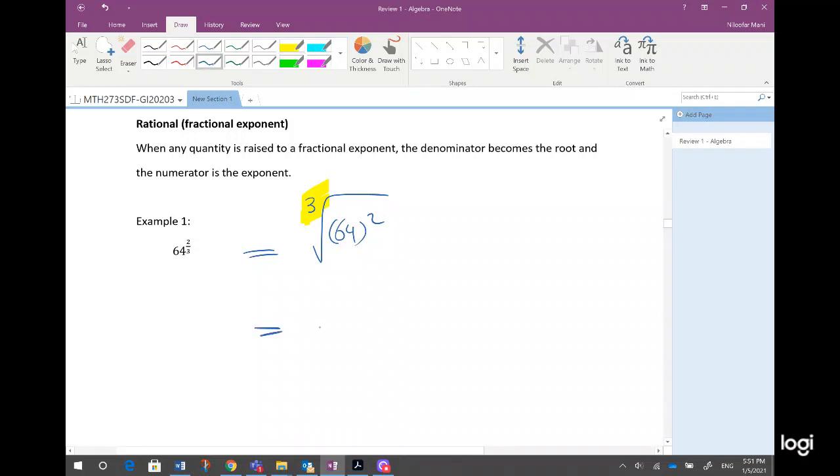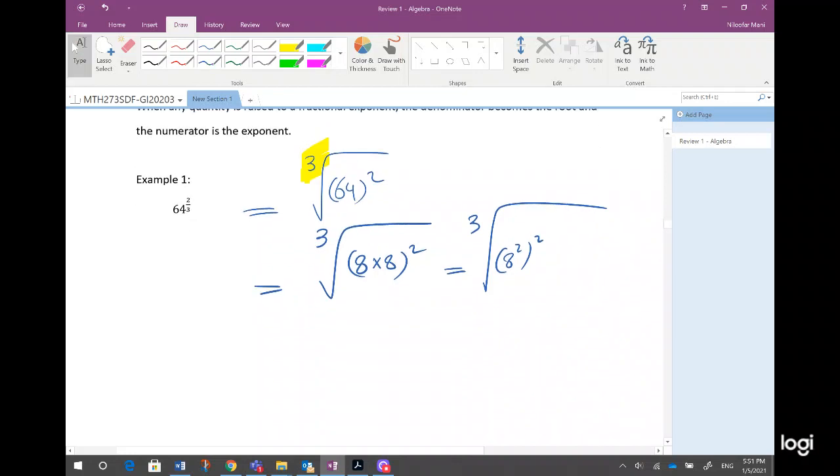Then I can simplify. 64 is 8 times 8, which is 8 squared.